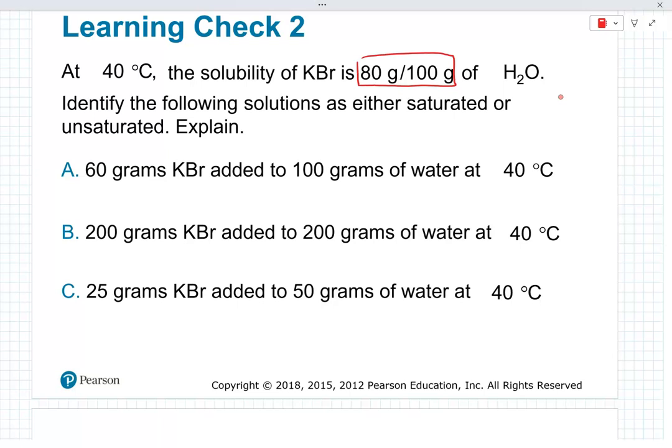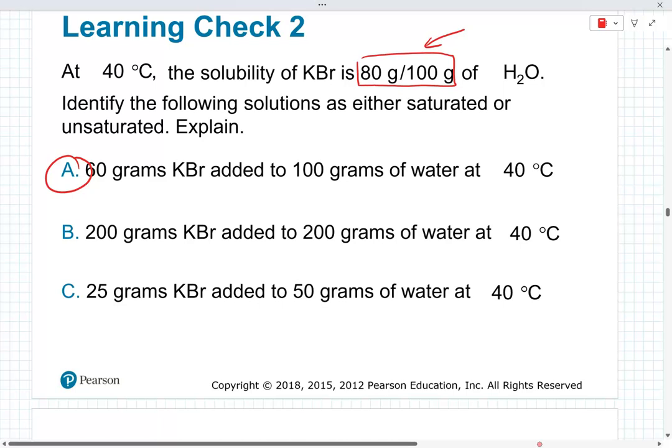So you need to think, okay, what does that mean? And what it means is that no more than 80 grams of potassium bromide can be dissolved in 100 grams of water. Clear? So question number 1.